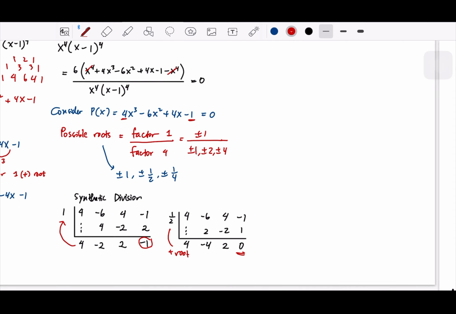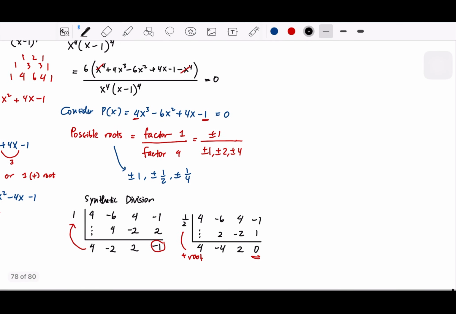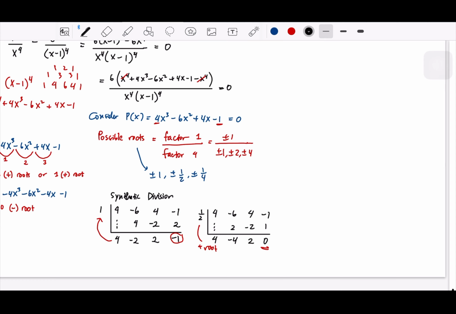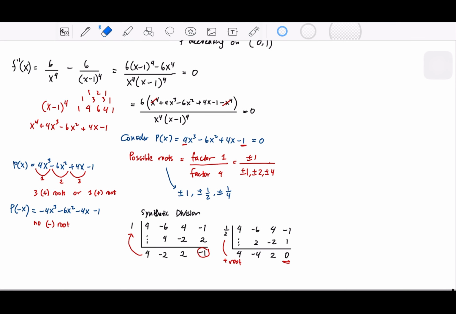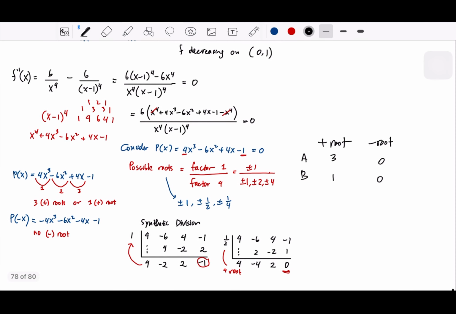So if we build a table to help us understand, let me write this as positive root, negative root. So we may have 3 or 1, right? And we have no negative root for both cases. So this is A, B, let's say. And then the total should be 3, but we still have some complex imaginary numbers inside.